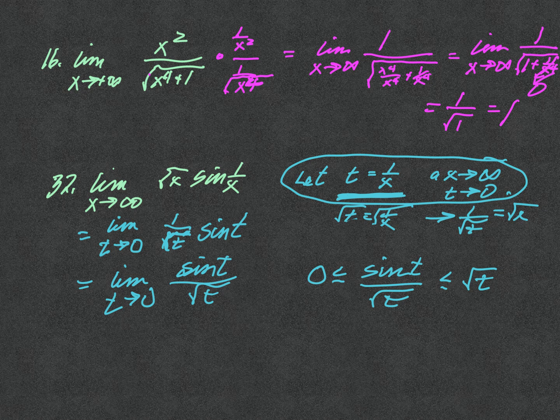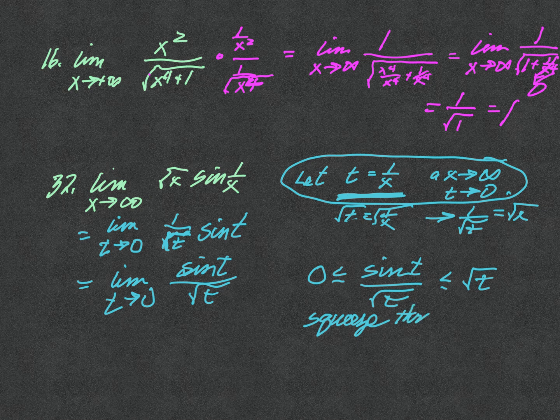Now, the square root of t, just so you know, as t goes to 0, it's always going to be bigger than 1 over the square root of t. And sine t is always 1 or less. So therefore, the square root of t is always going to be bigger than that. So if you have this inequality, then you can use the squeeze theorem.